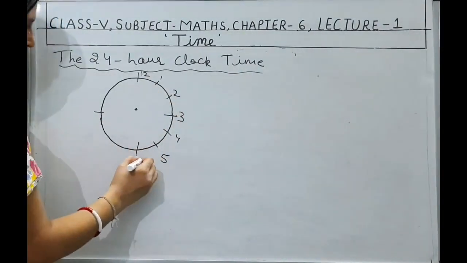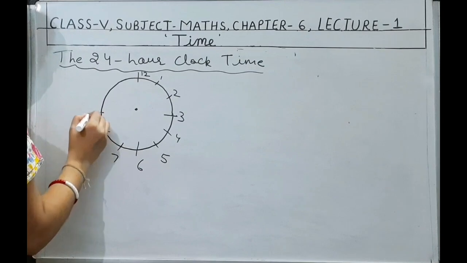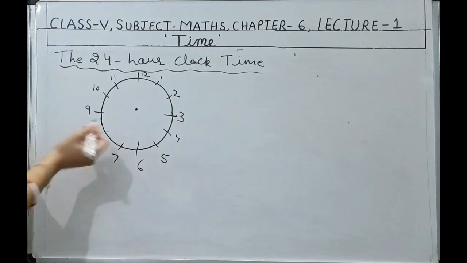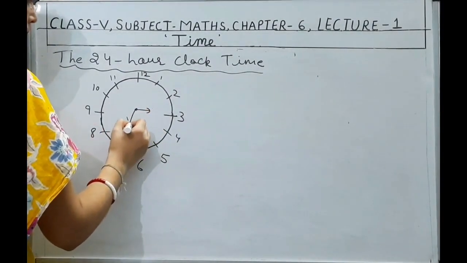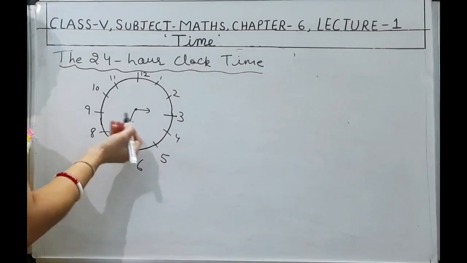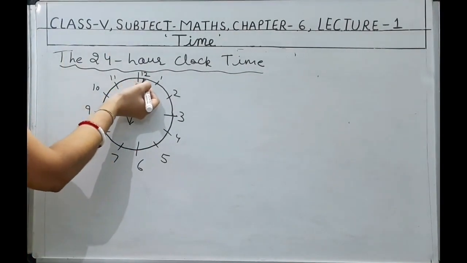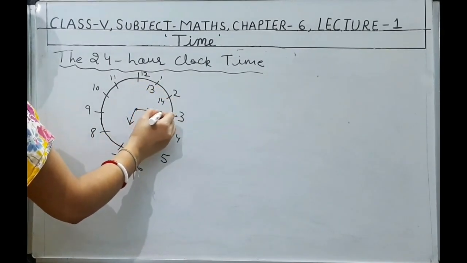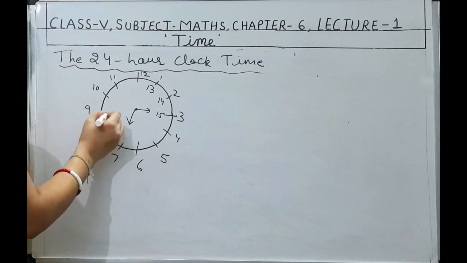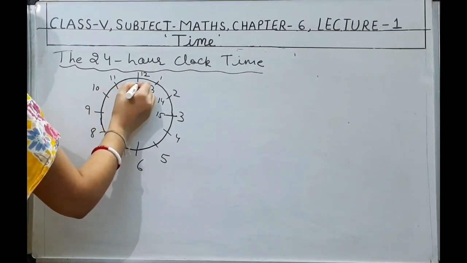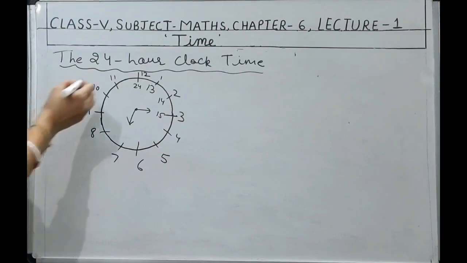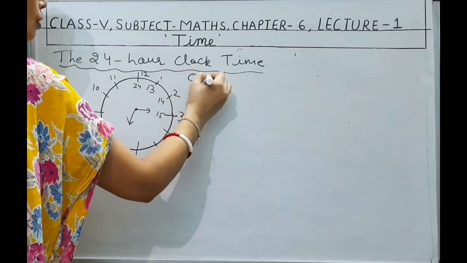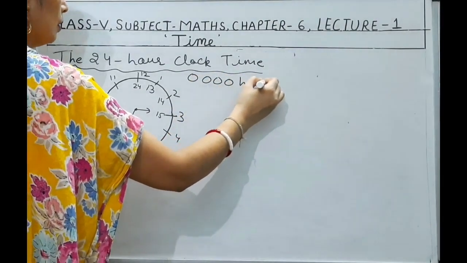Equal gap should be there. 6, 7, 8, 9, 10, 11 and 12. Now, if it is 24-hour clock time, after 12 noon, there will be 13, 14, 15, 16, 17, 18, 19, 20, 21, 22, 23, 24. And they have started from 0000 hours.